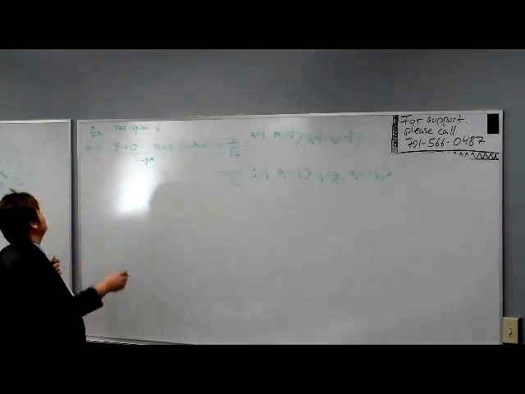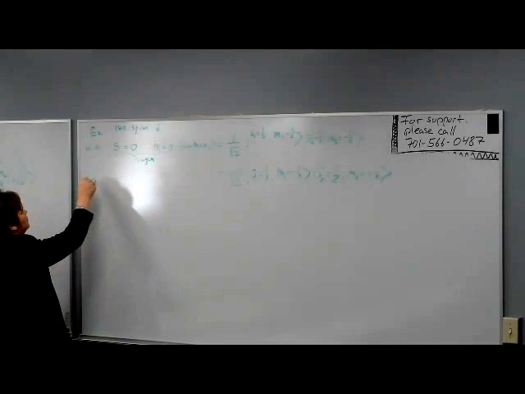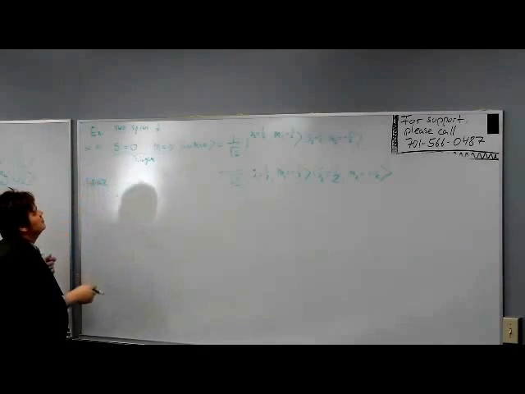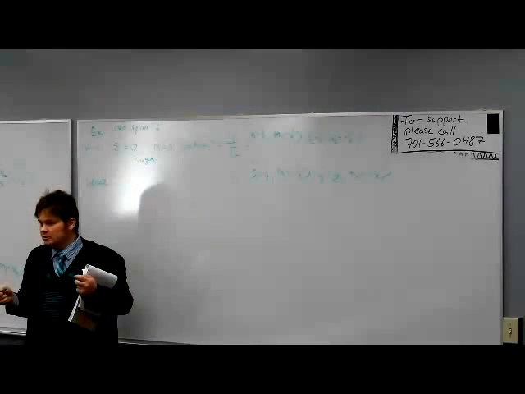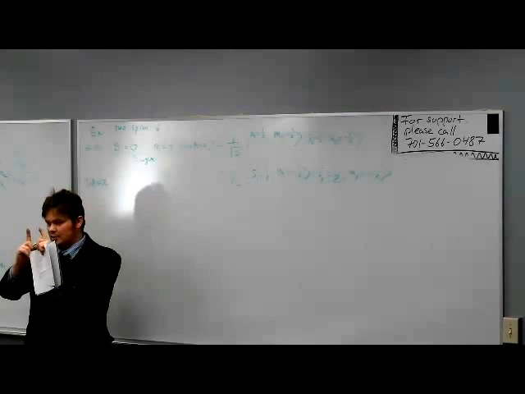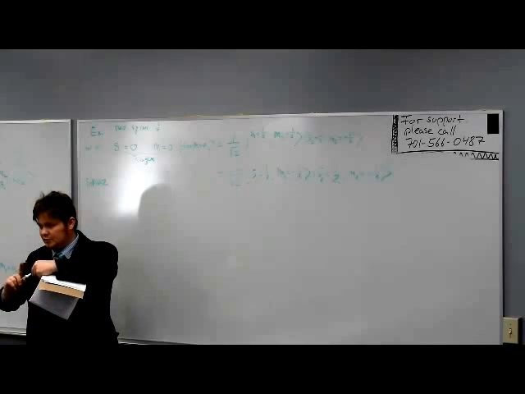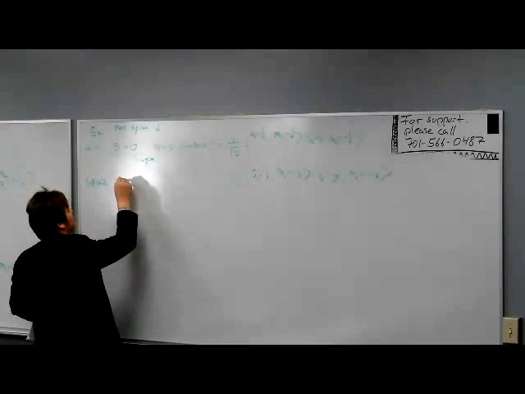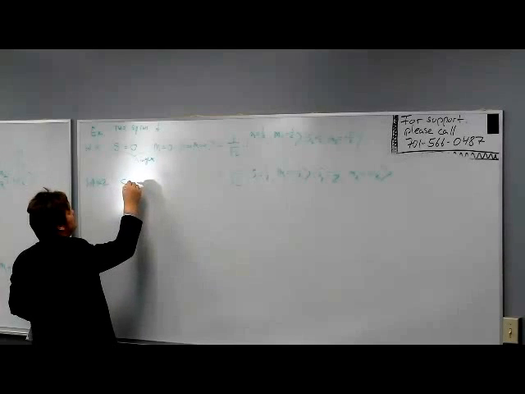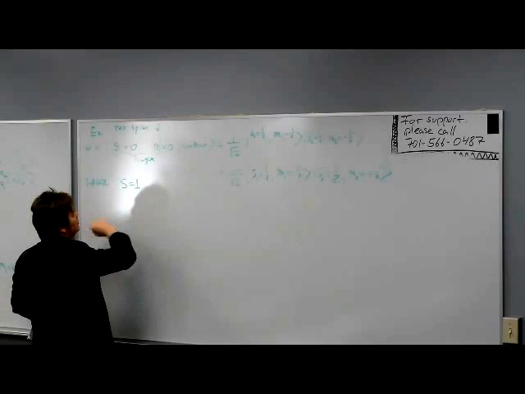So, solution number 2. For the triplet, there are 3 solutions: both up, both down, and superposition of up, down and down, up. So triplet means total spin equals 1.